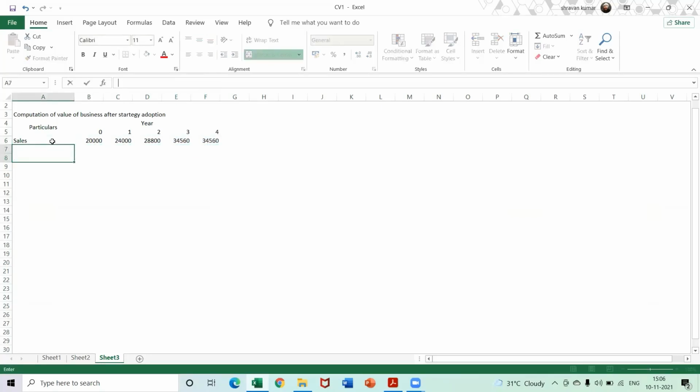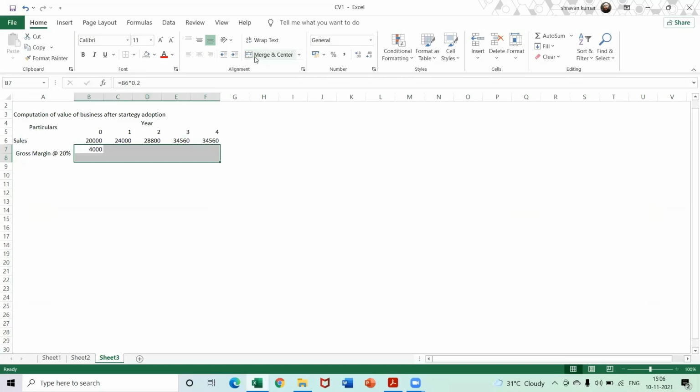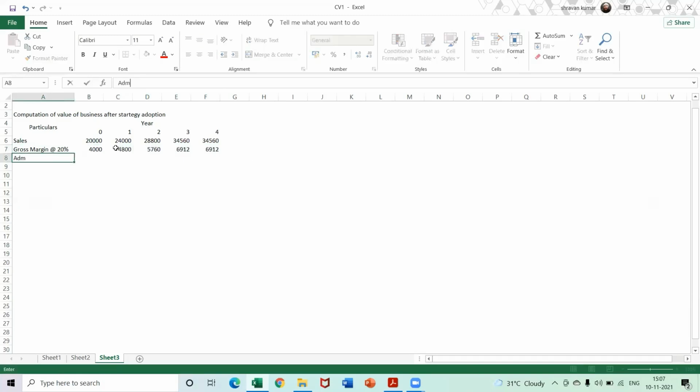Next, gross margin. This is at 20% on sales, that is equal to this into 0.2. Next, admin expense. This is equal to 0.1 into sales.